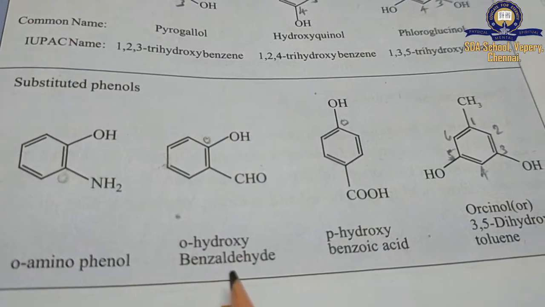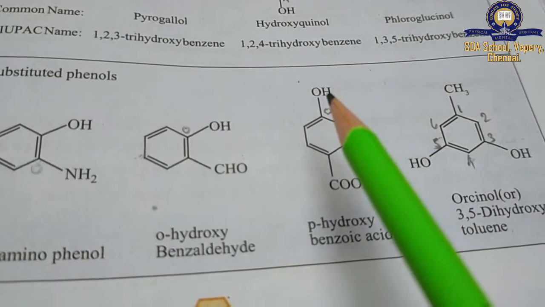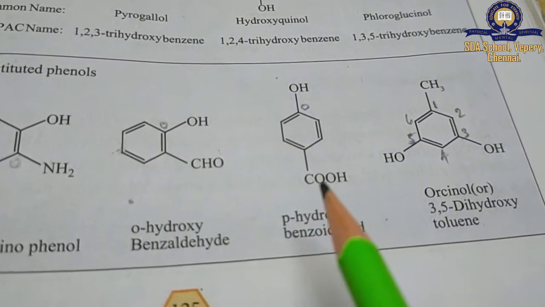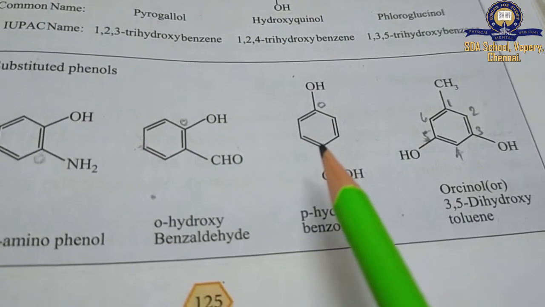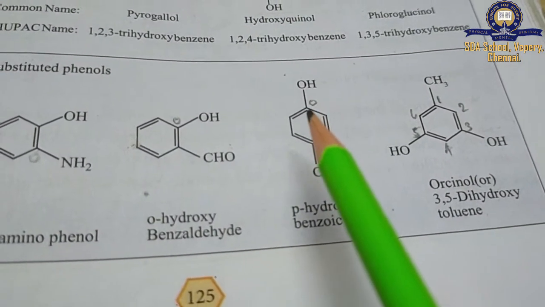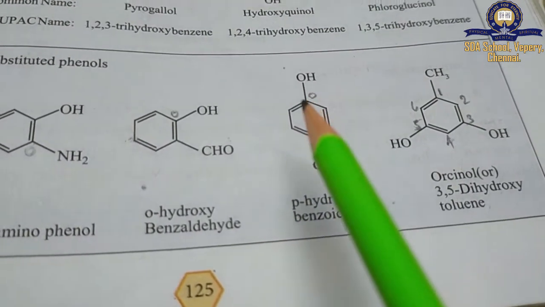So ortho-hydroxybenzaldehyde. The next one has a carboxylic acid group directly opposite to the OH group. So with respect to the carboxylic acid group carbon, the OH group carbon is at the para position.